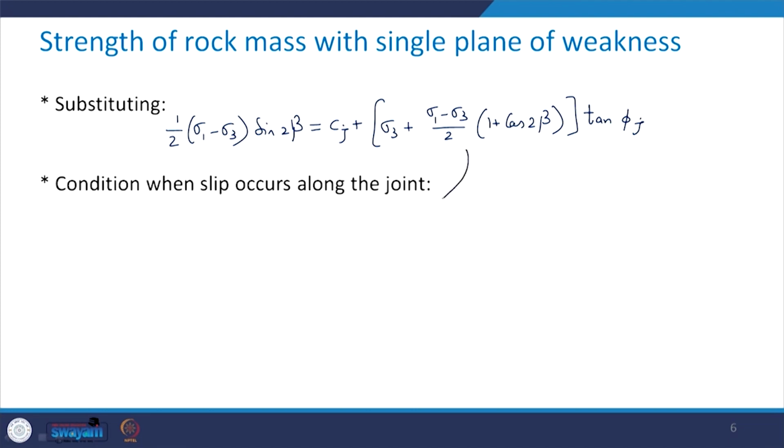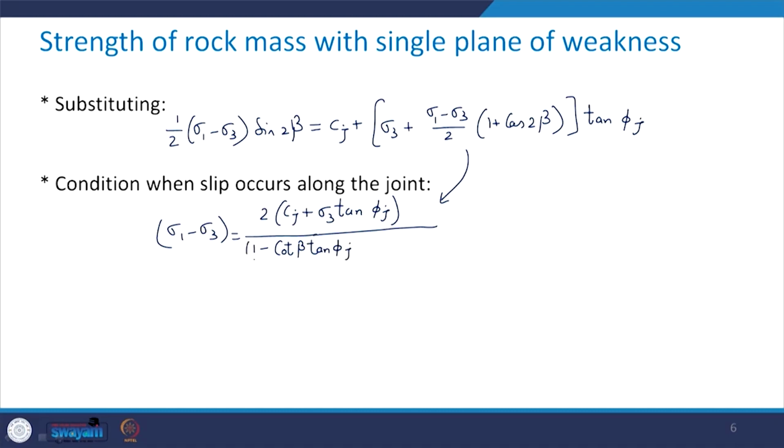If you solve or simplify this, the condition when the slip occurs along the joint is sigma 1 minus sigma 3 equal to 2 times Cj plus sigma 3 tan of phi j, divided by 1 minus cot of beta into tan of phi j, this multiplied by sine of 2 beta.